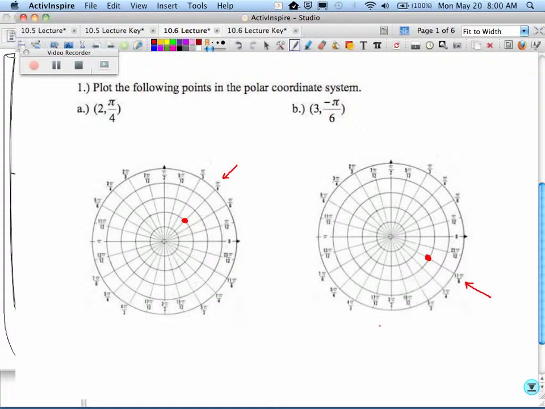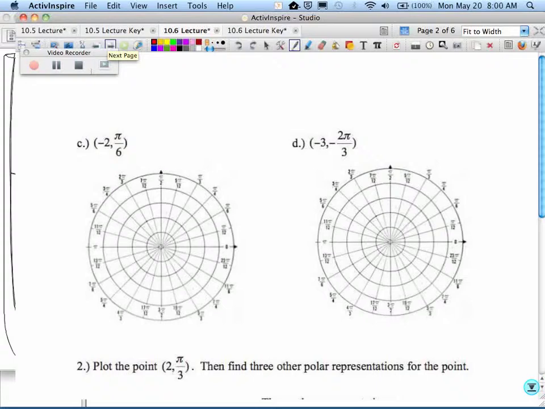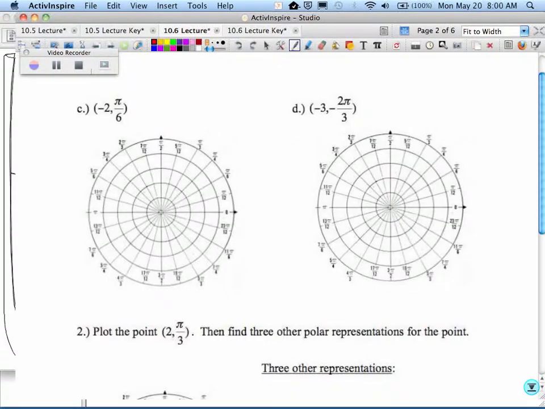Here's one with a negative r. Where's pi over 6? Right there. Pi over 6 is right here. But this time it's a negative 2. So instead of staying on the same side of the pole, the center, you flip to the other side. So now follow that line across. 1, 2.